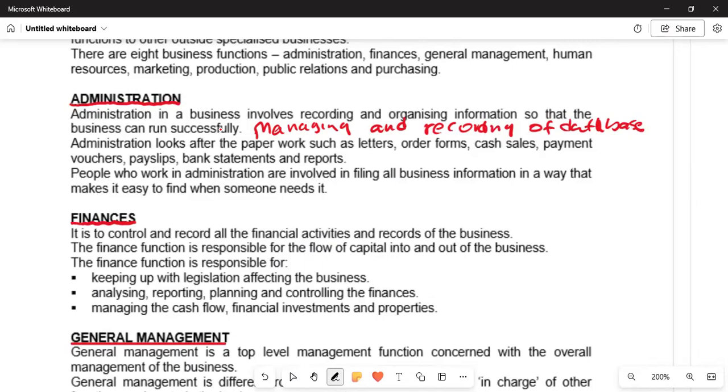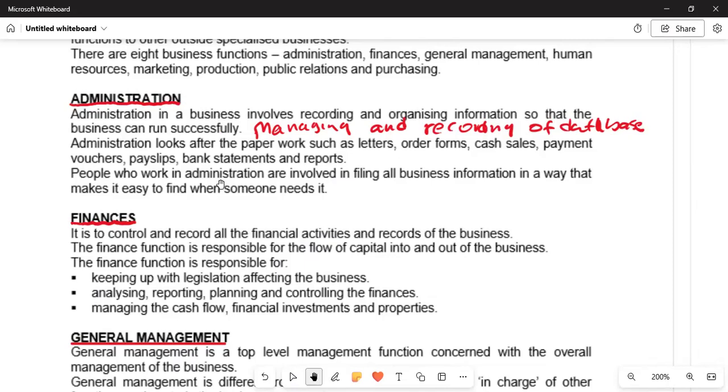People who work in administration are involved in filing all business information in a way that makes it easy to find when someone else needs it. Filing and keeping data in storage can be exemplified by maintaining employee records such as performance reviews, training documents, as well as an easily accessible filing system.